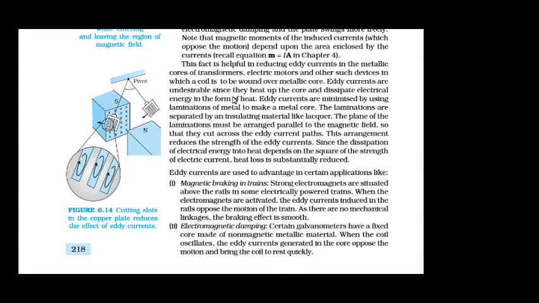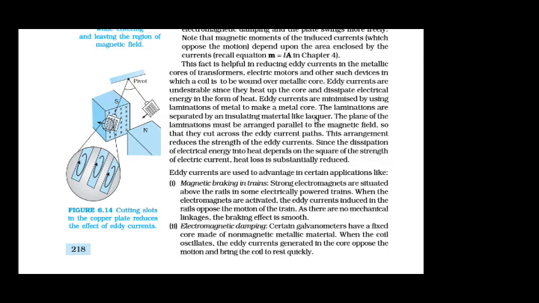Eddy currents are undesirable since they heat up the core and dissipate electric energy in the form of heat. Eddy currents are minimized by using lamination of metal to make the metal core.